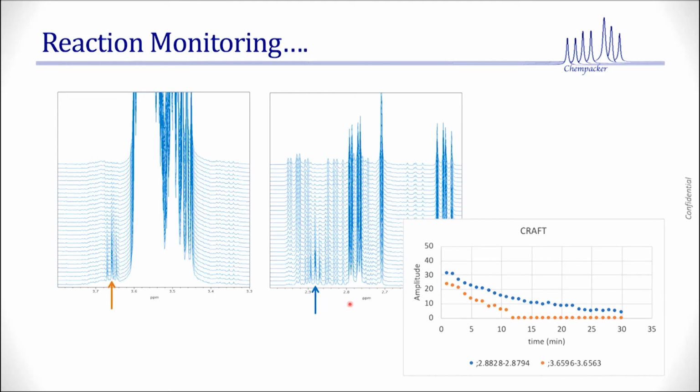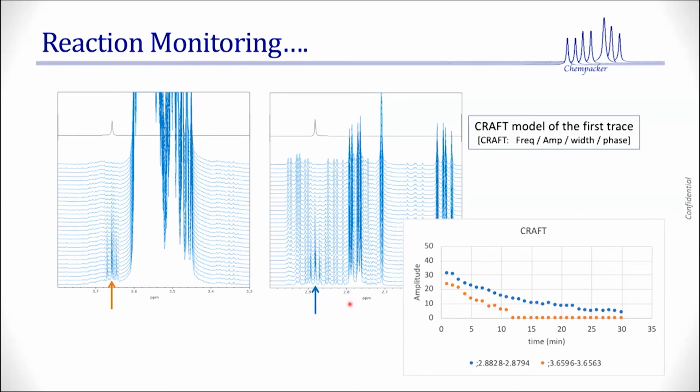Now, I don't even know what those two peaks are, but I can do a graph of the first trace, which is the reactant, where the amplitude of the signal is maximum. I don't know what it is, but I know it is maximum. And that's a graph model of the first trace of just that one peak. In the presence of all these models, I just have that one model.